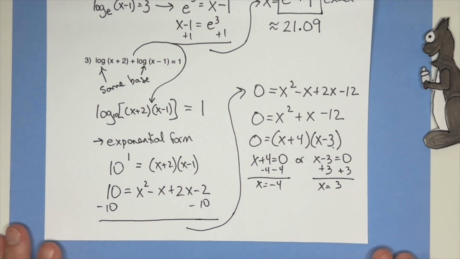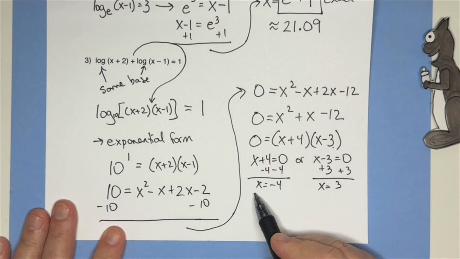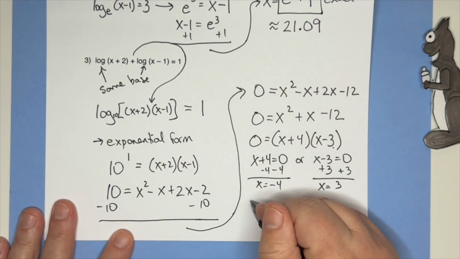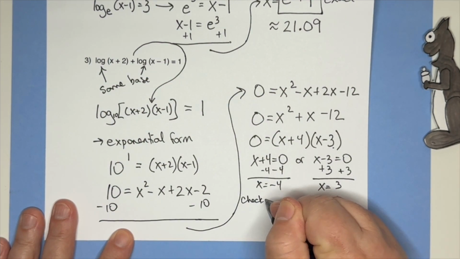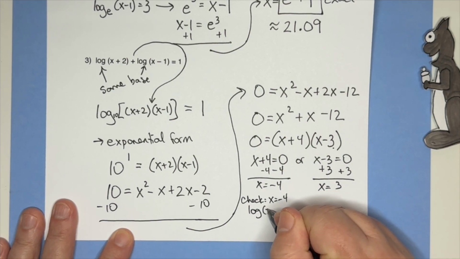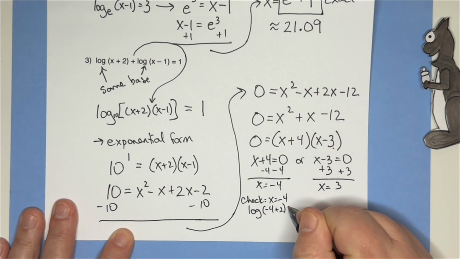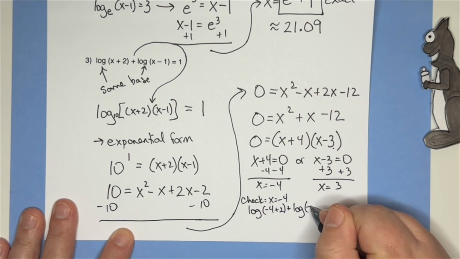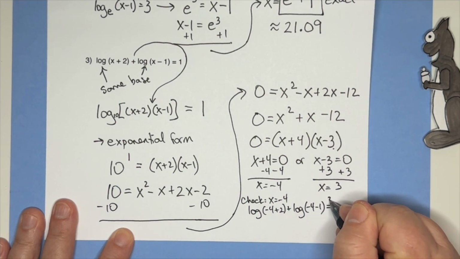Now, hopefully you remember that when we got to a problem like this, we had a quadratic form problem with e to the x in the previous video. We had a situation where we had to check our answer. So let's go ahead and check. So when x is negative 4, I get log of negative 4 plus 2 plus log of negative 4 minus 1 equals 1.